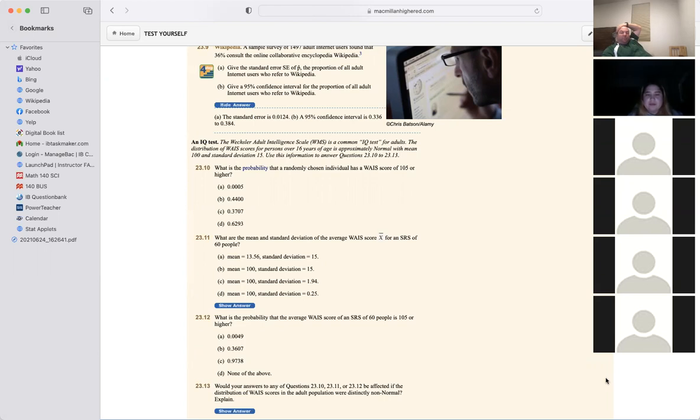So what's the probability that the average WAIS score of an SRS of 60 people is 105 or higher? 105 or higher. Oh, done. Yeah, between this and the stock market, everything's not working out for me right now.